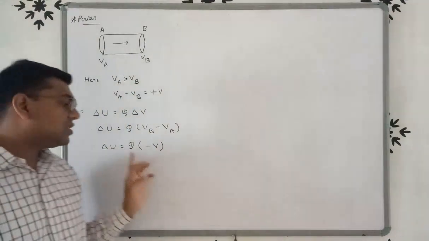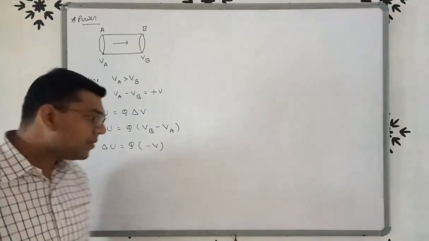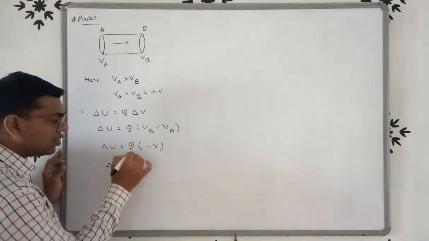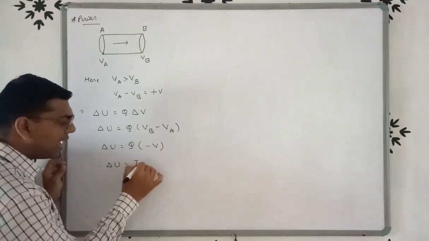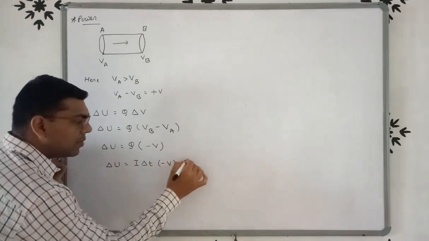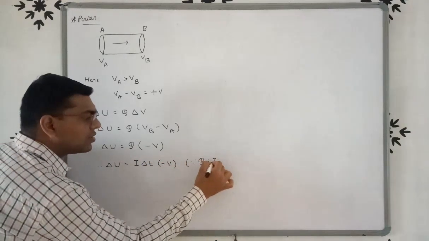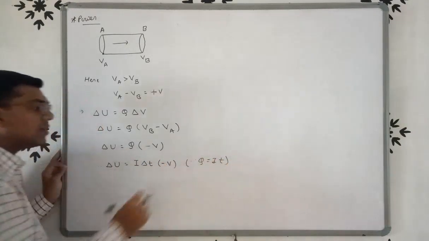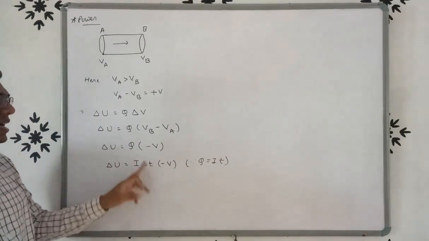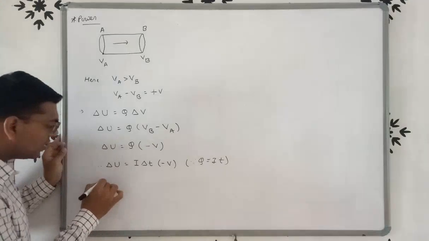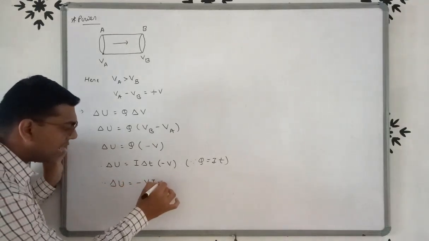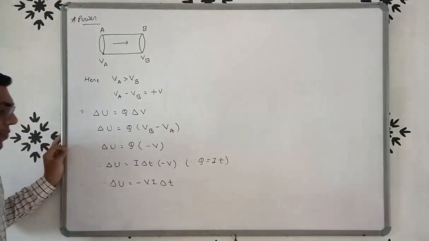Now we know, friends, that Q is equal to IT. So delta U is equal to I into delta T into minus V. Here we know that Q is equal to IT, so from this equation, delta U is equal to I into delta T into minus V. So delta U is equal to minus VI delta T, right?